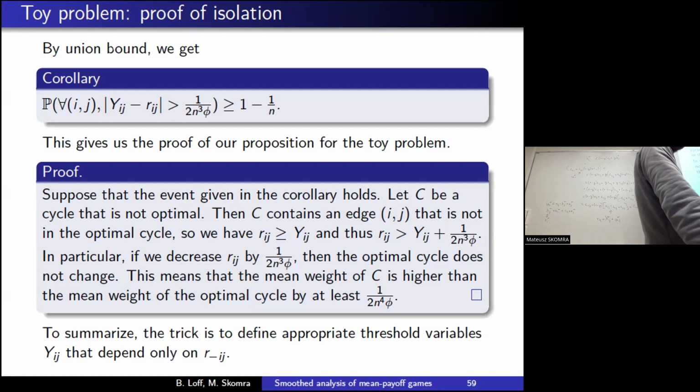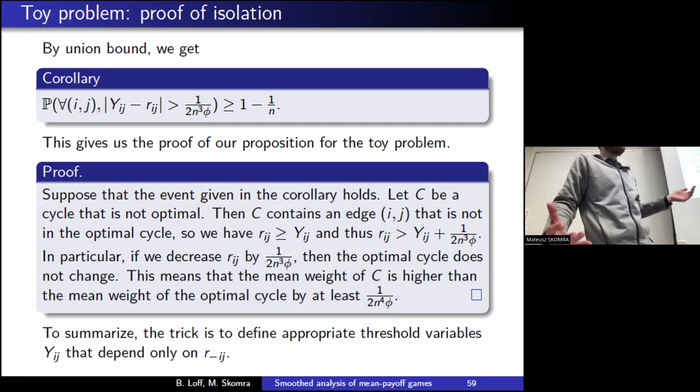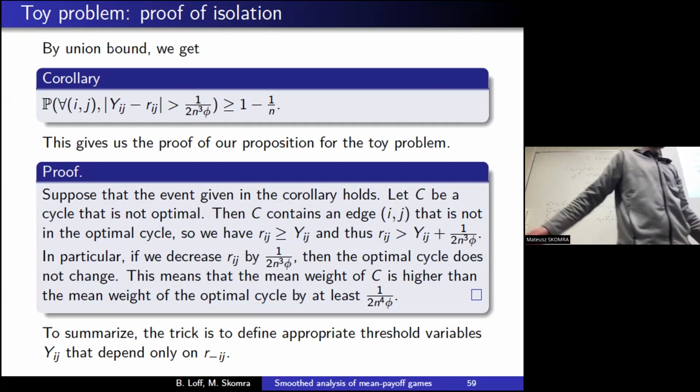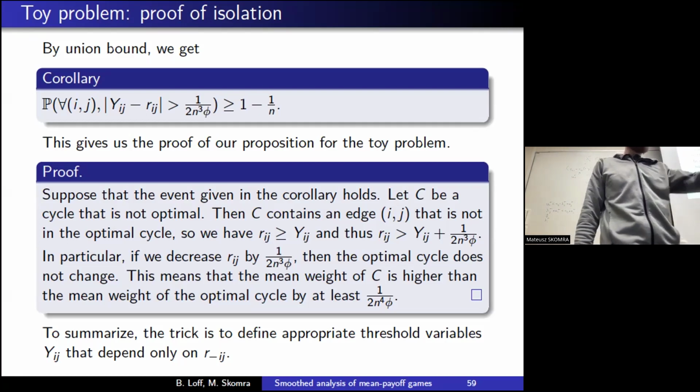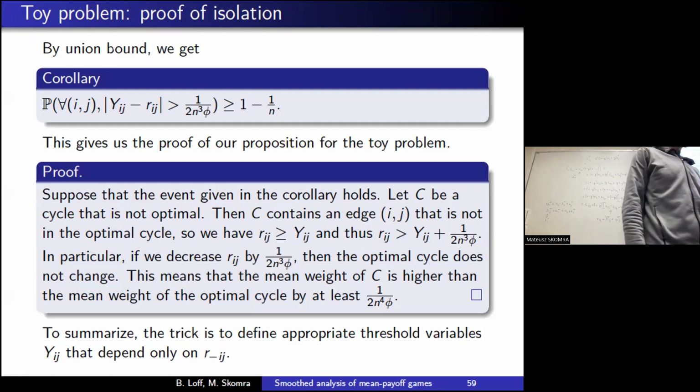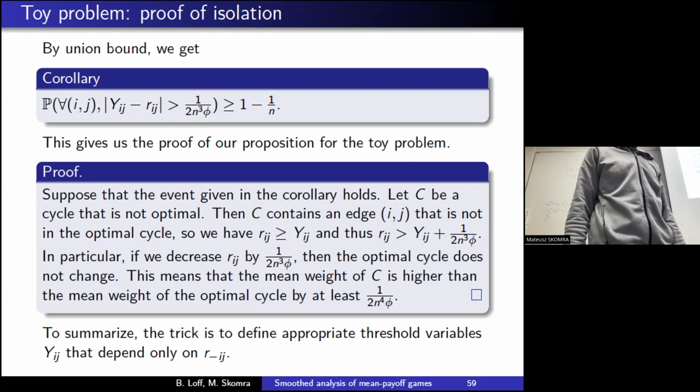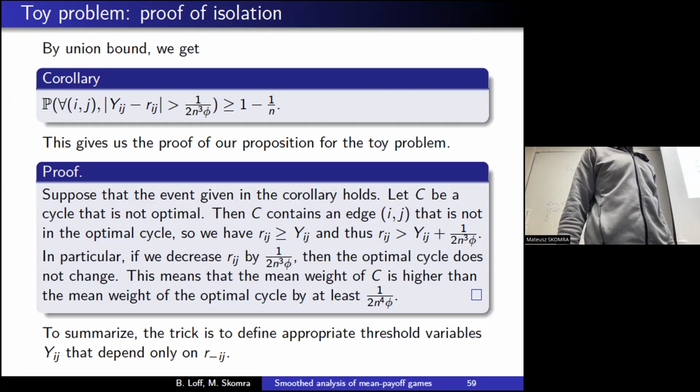So that's a very clever trick. You introduce some threshold variables, which are independent of Rij. By the union bound, everybody is far away from the threshold, and that tells you that your optimal cycle has to be far from the second best. So the one-player case is very nice.